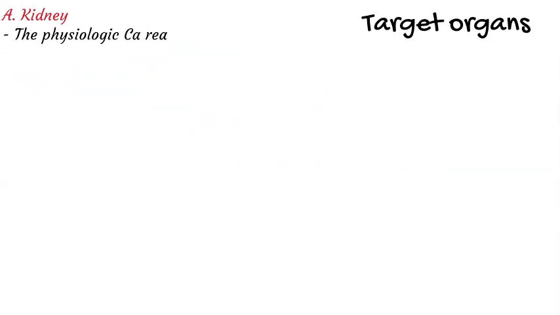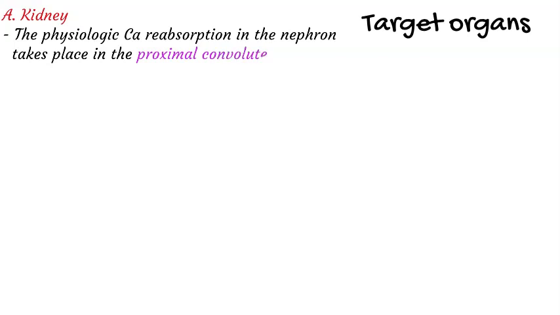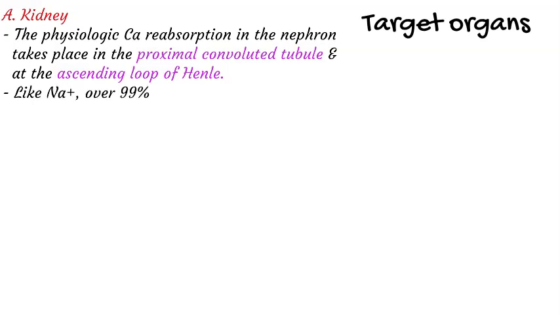The target organs of the parathyroid hormone are the kidney, the bone, and the gastrointestinal system. For A, kidney: physiologic calcium reabsorption in the nephron takes place in the proximal convoluted tubule and at the ascending loop of Henle.